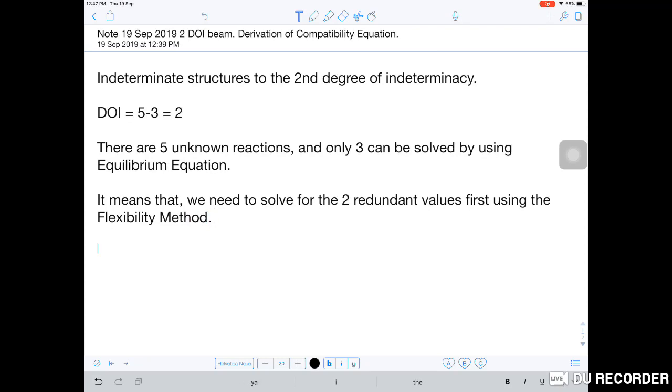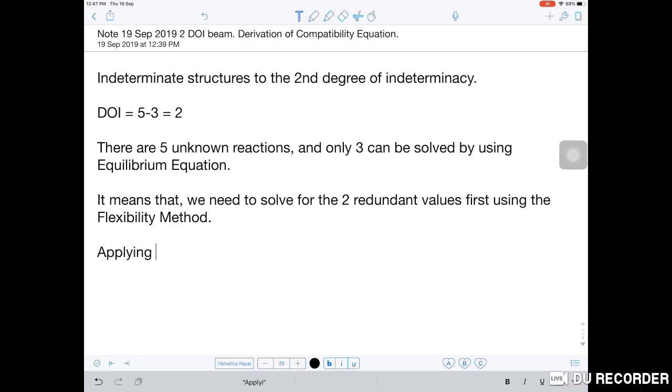And we actually solve for the redundant using compatibility equation. And compatibility equation is derived from the principle of superposition.